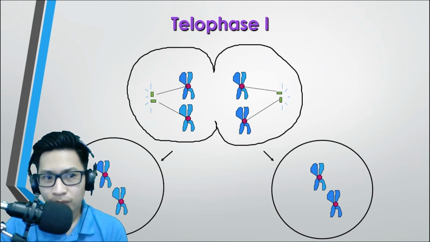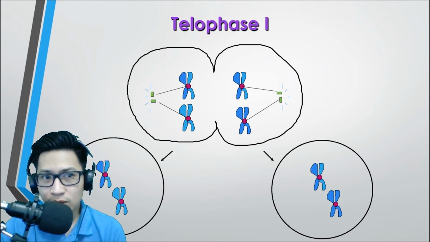And during the anaphase, the homologous chromosomes will be divided. So ibig sabihin, instead of having 46 chromosomes in one cell, we only have 23 chromosomes for the daughter cell.